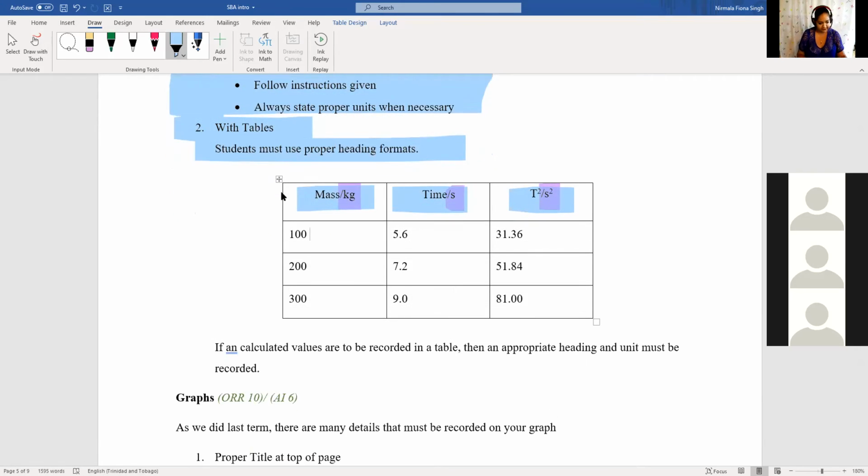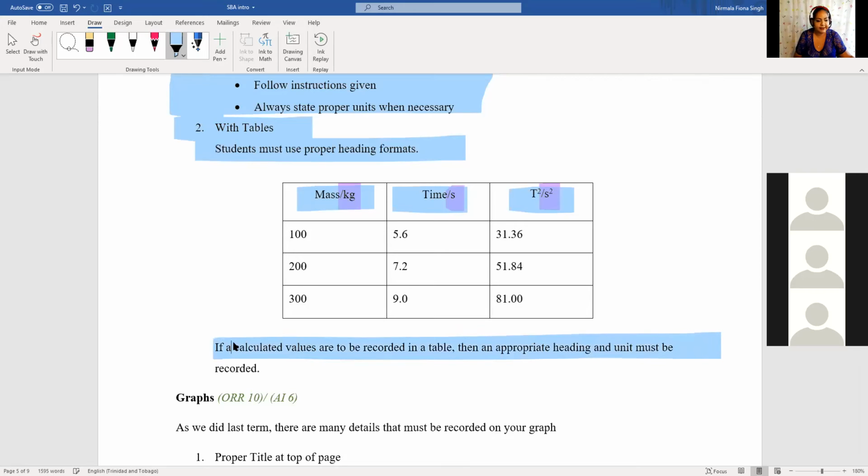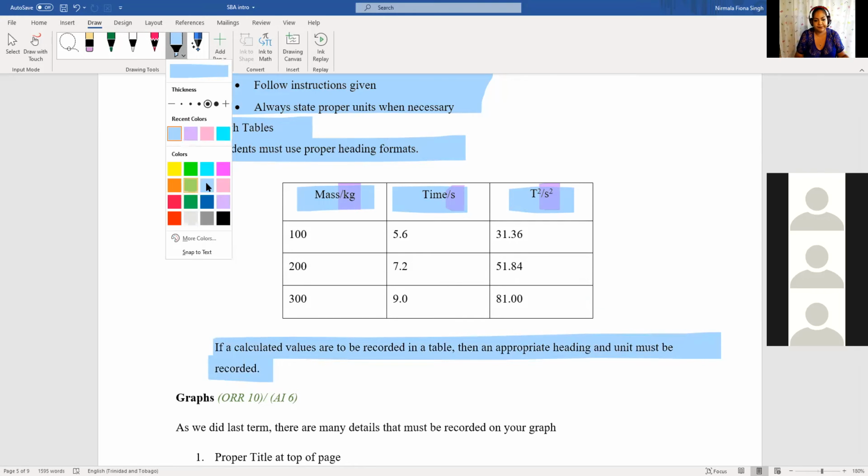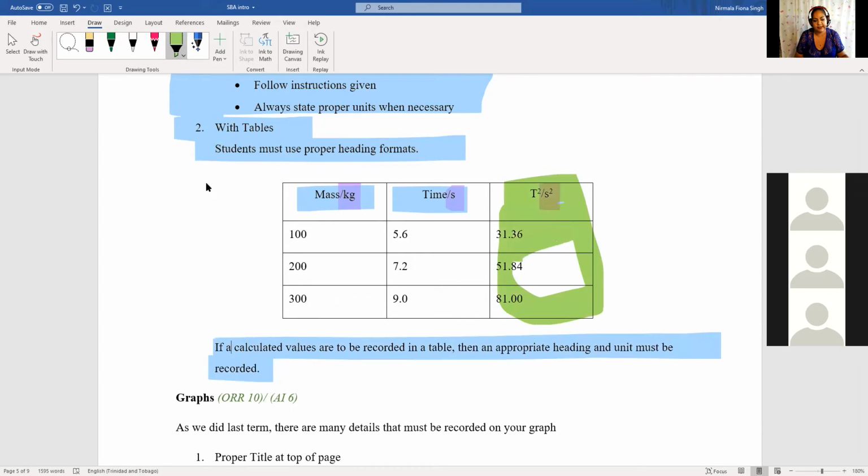If calculated values are to be recorded in a table, an appropriate heading and unit must be recorded. So an example of calculated readings will be here. Here it will be time squared because I asked the students to calculate the square of time.